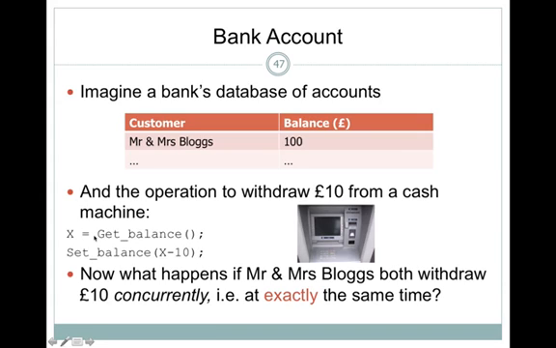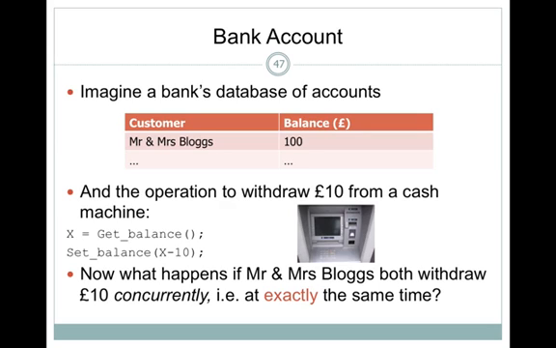So what does the cash machine have to do if the person standing in front of it asks to withdraw £10? Well, the code inside the cash machine has to get the current balance in the account, it has to subtract 10, and then it has to do an operation that we've called set balance to update the amount of money in the bank. I hope that's clear.